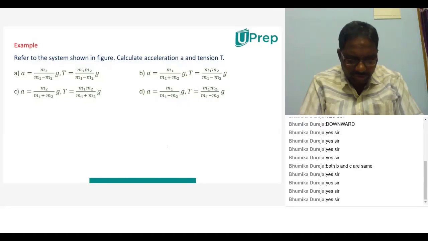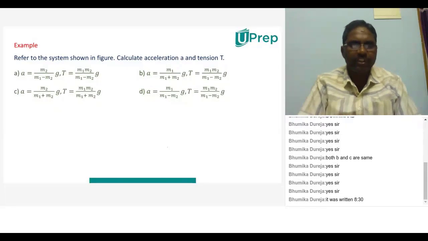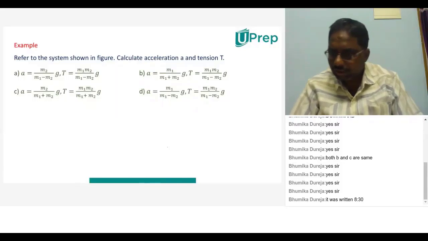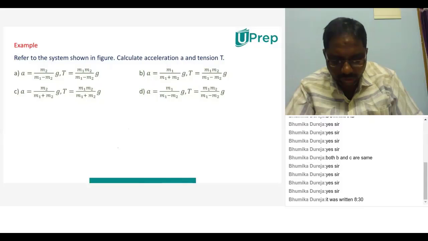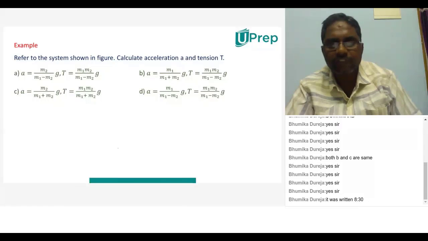What you do is, at least take this question and solve it and tell me the answers. Okay, just in 5 minutes we can finish it. This question is only there, and the figure is not there. I am giving the figure, and that figure I'll draw here, and by using that you have to find, as both the objects are there, how many forces are acting on both objects, and you have to take the equations and find out A and T. That's it.